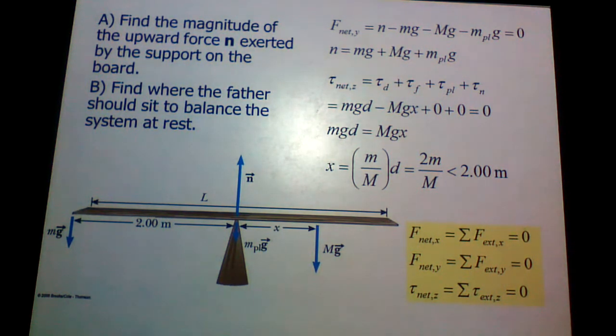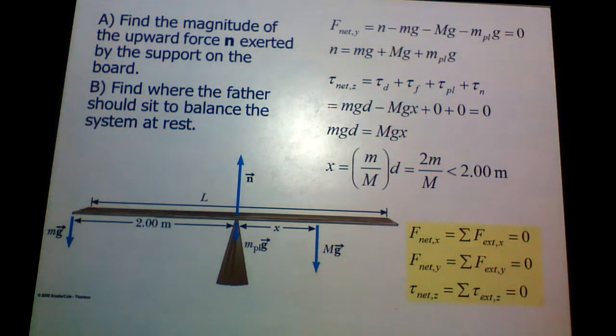So our force here just being their weights. So I have mg times d here for the daughter, and d specifically here is 2 meters. So mg times d, which is just representing that 2 meters for the daughter. And then I have mgx representing the weight force. So mg is representing the force here, and then x representing then that lever arm for the father.